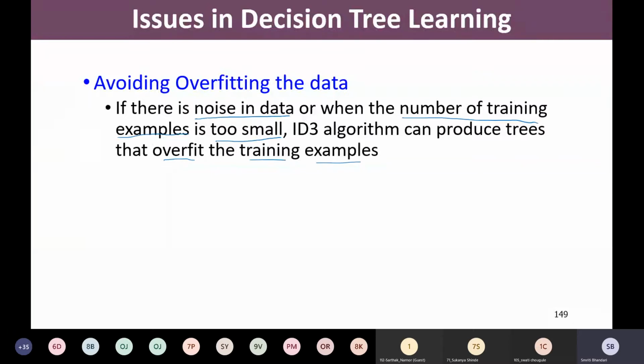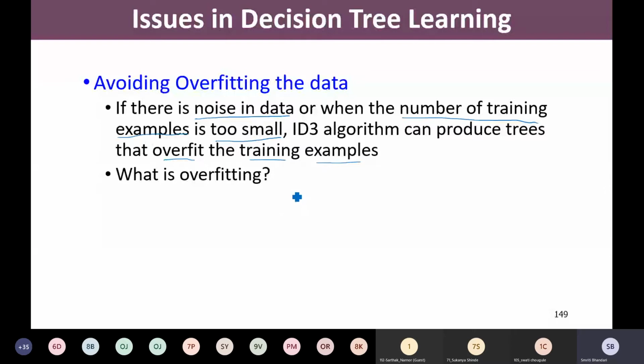So, noise in the data, and secondly, if the number of training examples is too small, very few training examples are available, then also we may face this problem of overfitting.